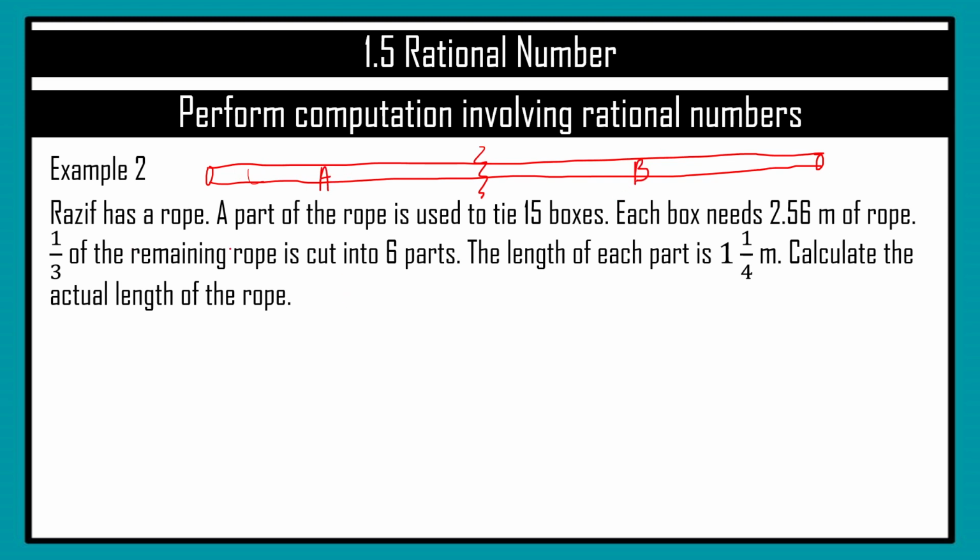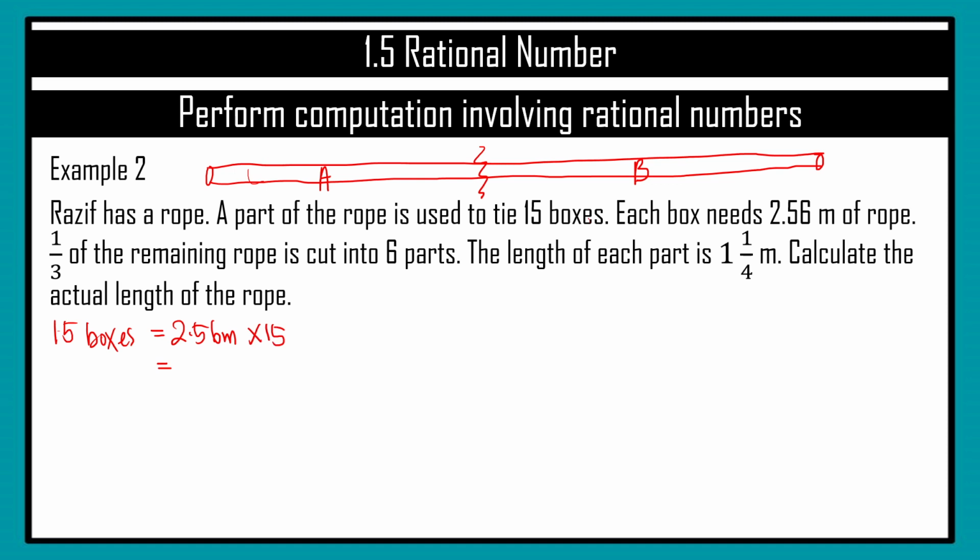So the A part of the rope is going to be used for 15 boxes. Now I know that each box uses 2.56 meter of rope. So how much would 15 boxes need? I know that one is 2.56 meter and there are 15 boxes that we need to tie.